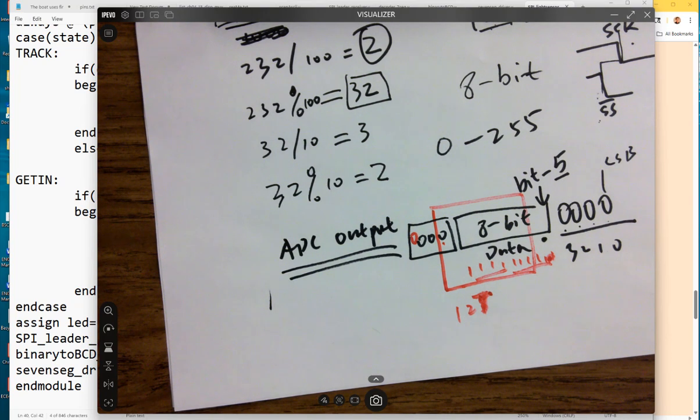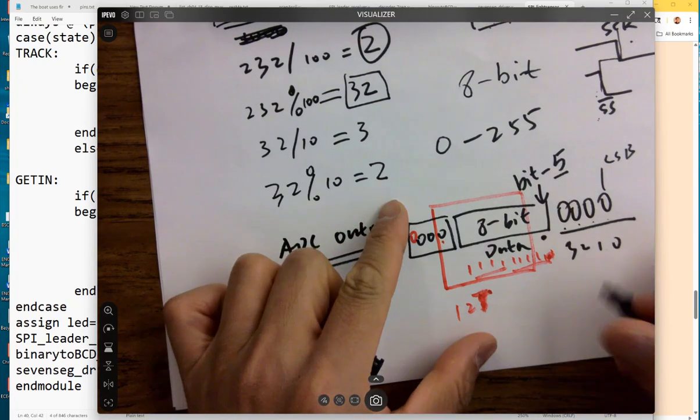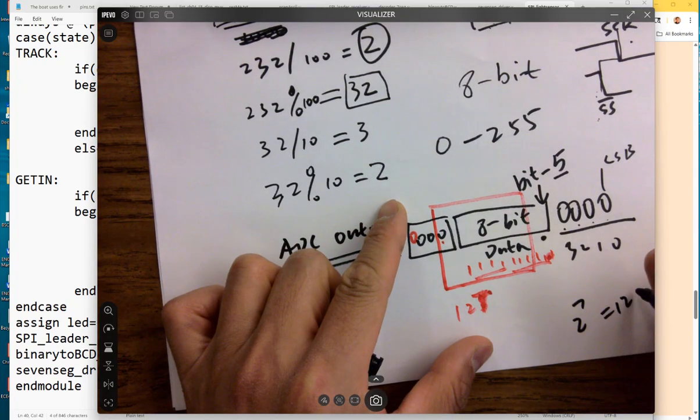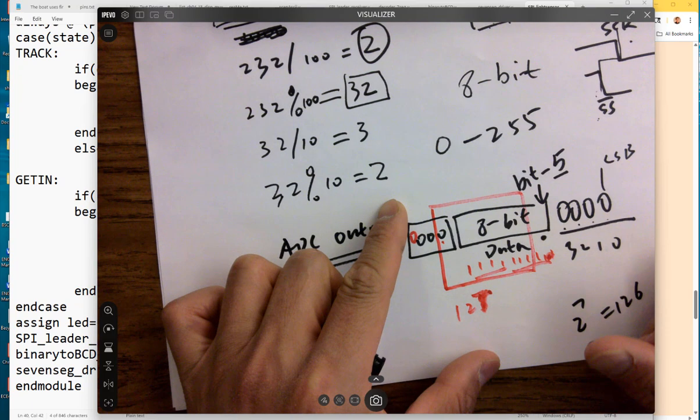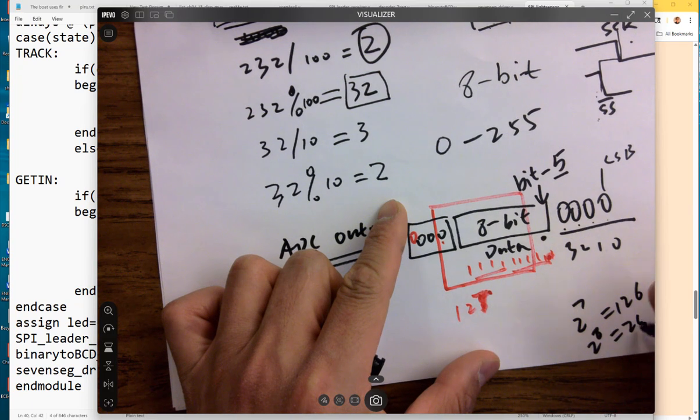So I shouldn't read 255. Let's try it. I'm going to try it after the class and see what happens. Right? 7 ones. Wait. 2 to 7. No. 7 ones is 127. Because 2 to the 7th is 128, right? 2 to the 8th is 256.